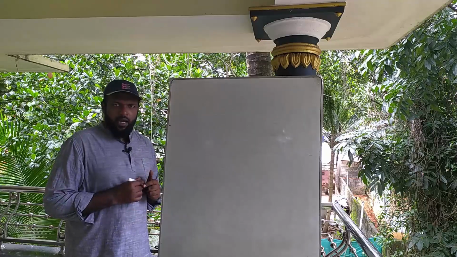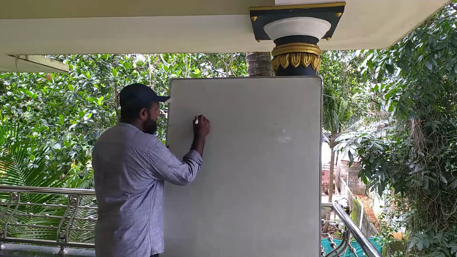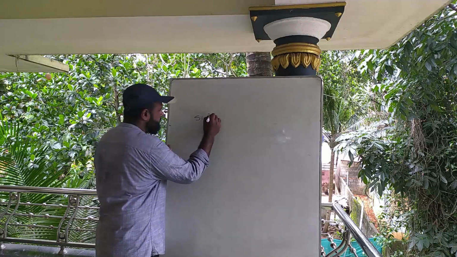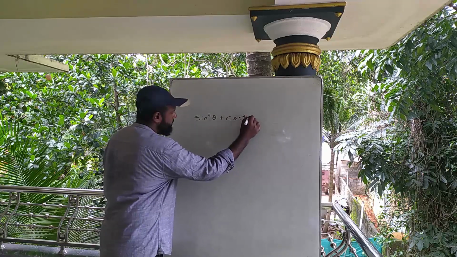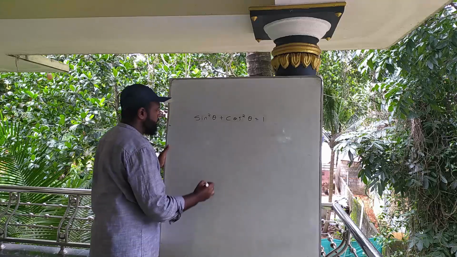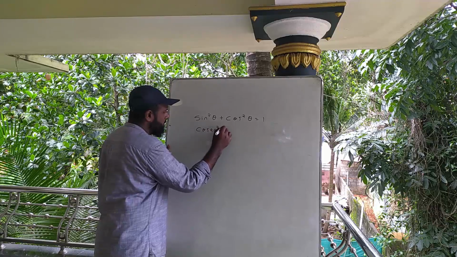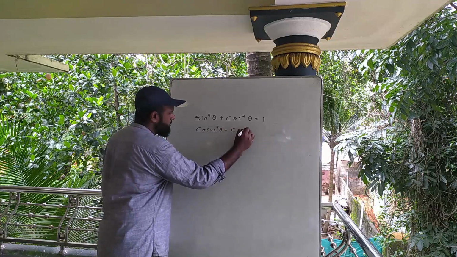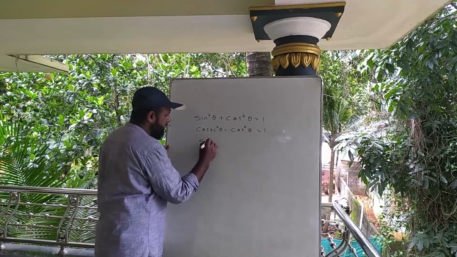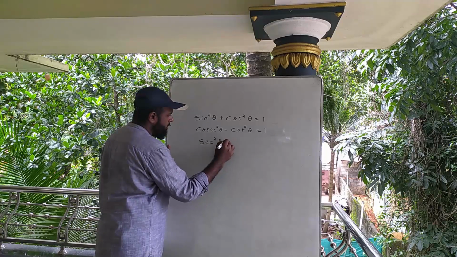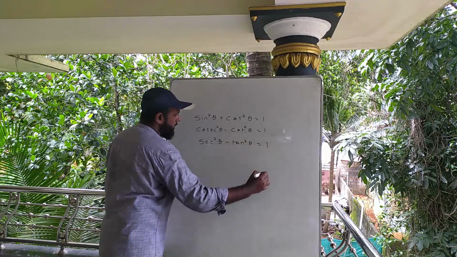For a beginner, we have to learn by heart 3 equations from trigonometry, that is sin square theta plus cos square theta equal to 1, cosec square theta minus cot square theta equal to 1, and sec square theta minus tan square theta equal to 1.